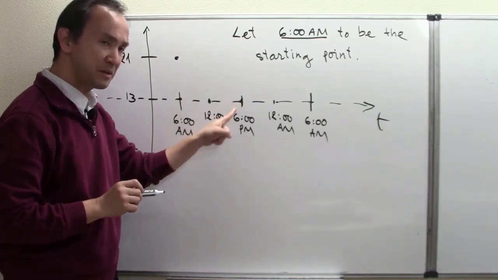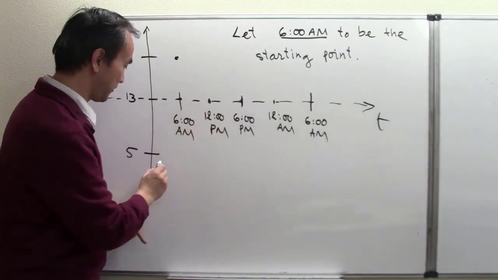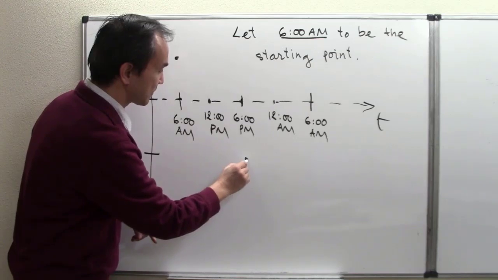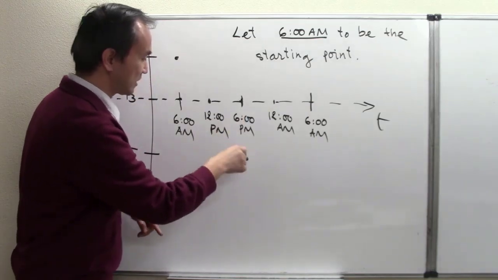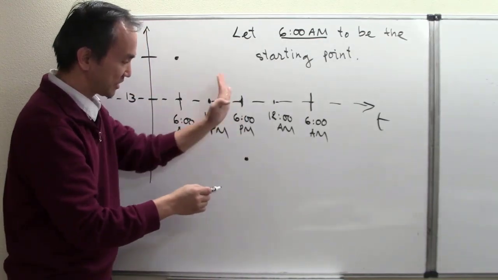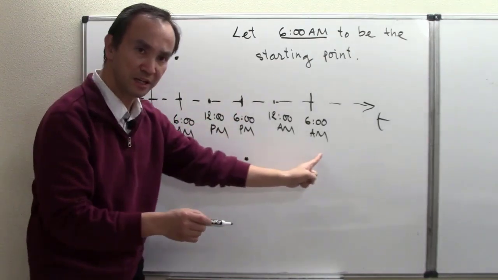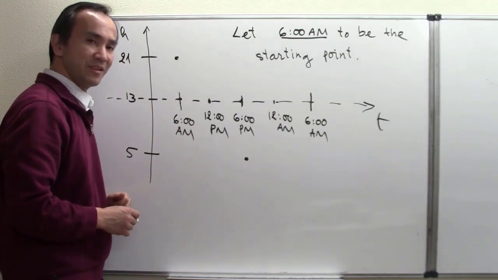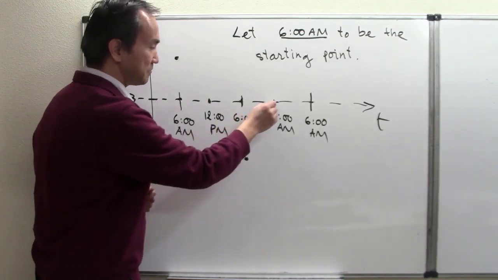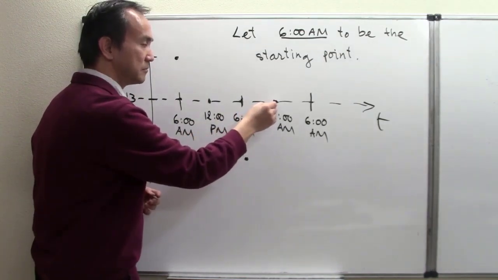But at 6 p.m. the tide hits a low at 5 feet. Once again notice 6 p.m. is exactly halfway between the starting point and the ending point. And then at midnight we are right at the mid-tide.